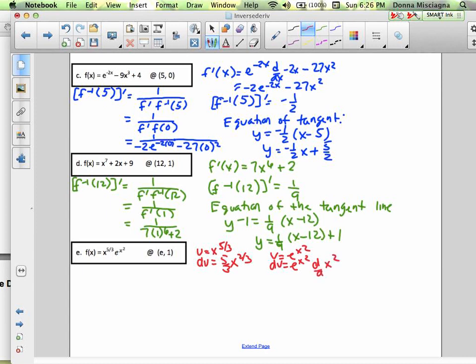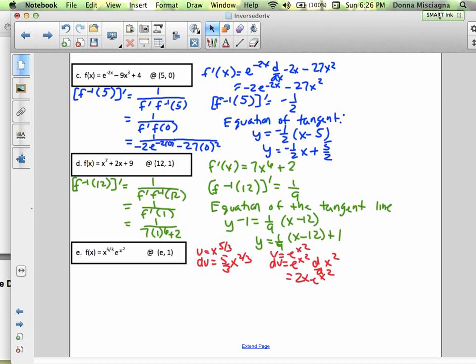Derivative of x squared is 2x. So this is just going to be equal to 2x e to the x squared. I think you can see that one okay. What happened to my x on the derivative? There we go. Close enough.